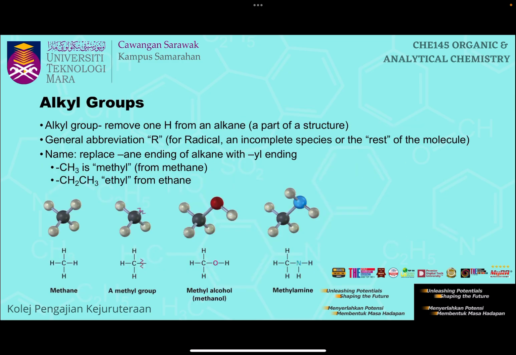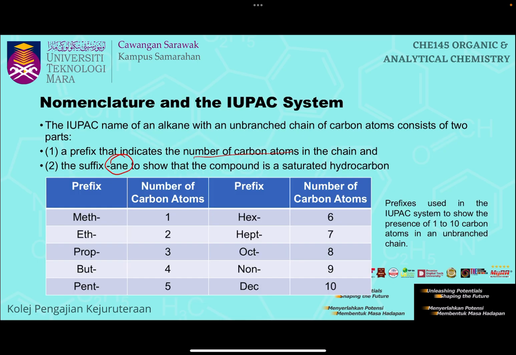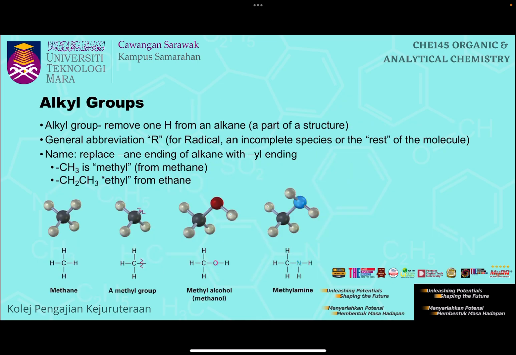Okay, alkane can also be a functional group. So this is what we refer to as another functional group. Sometimes we call it a branch as well. If it's an alkyl group, normally we're talking about hydrocarbon branching.